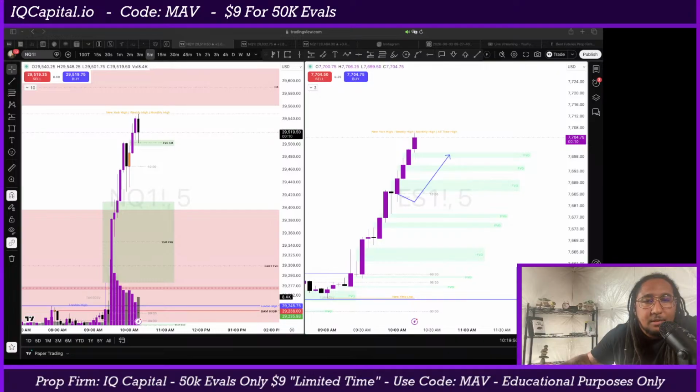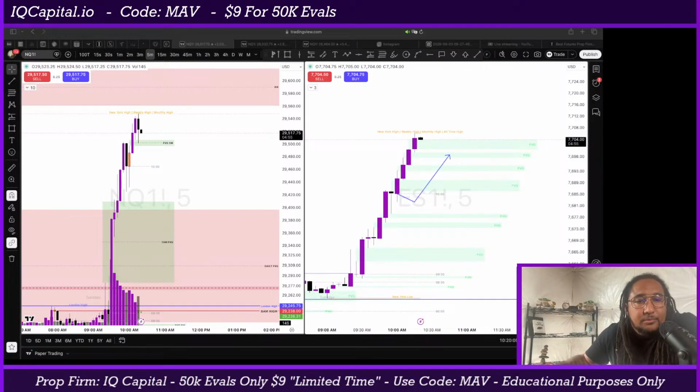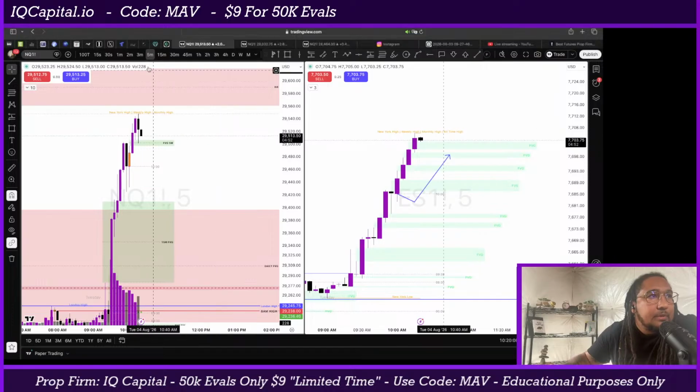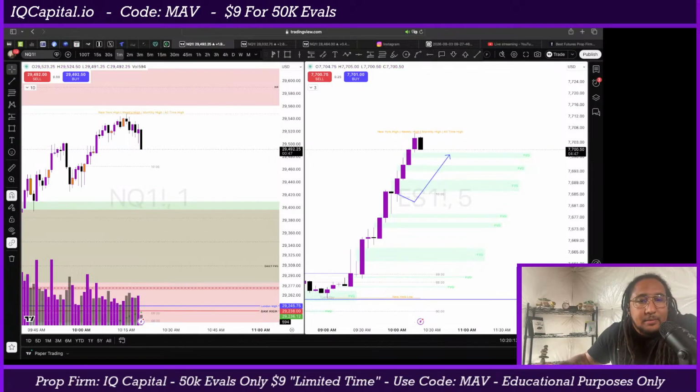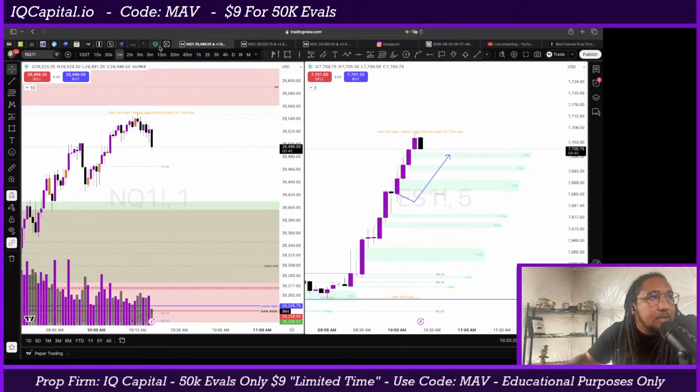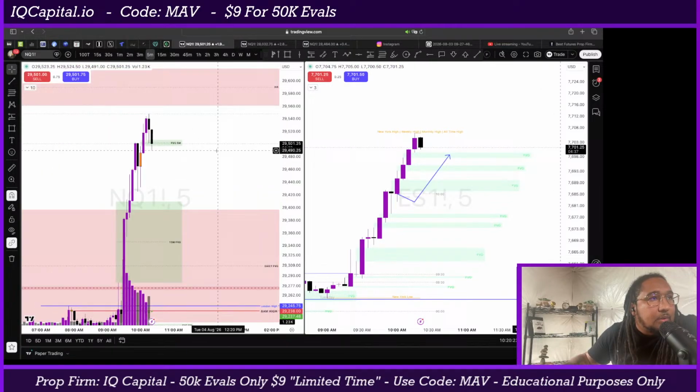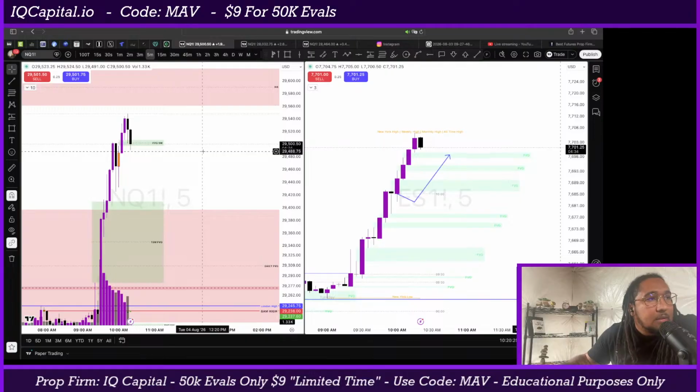See a nice move to the upside. It was a nice tap and pull to the upside. You can see it pretty good on the 1-minute. Tapped and pulled back, but now it's continuing down. So it's a continuation of that pullback. So let's see how far down we'll go if we'll respect this 5-minute fair value gap there.